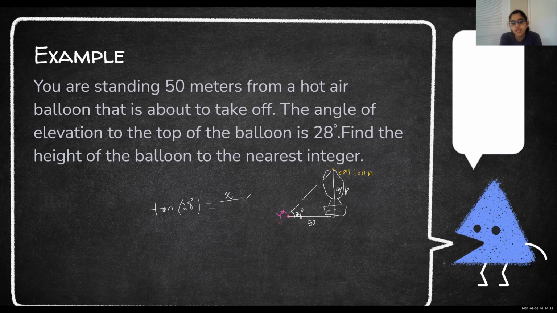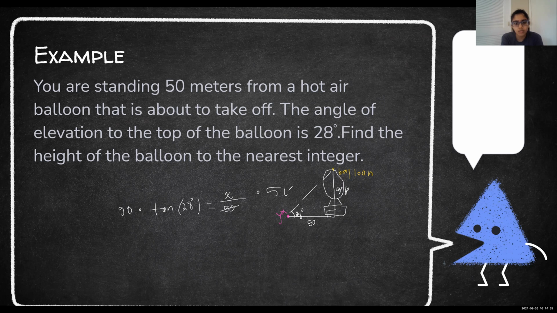You could name it any variable, but let's name it x over 50, because that is the adjacent. So opposite over adjacent is tangent of any value. Opposite is x and adjacent is 50. We multiply both sides by 50 and we get 50 times tangent of 28 is equal to x.